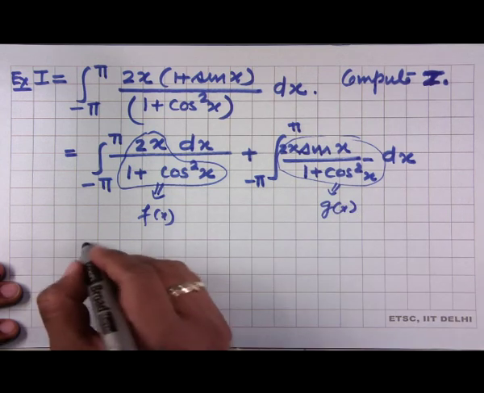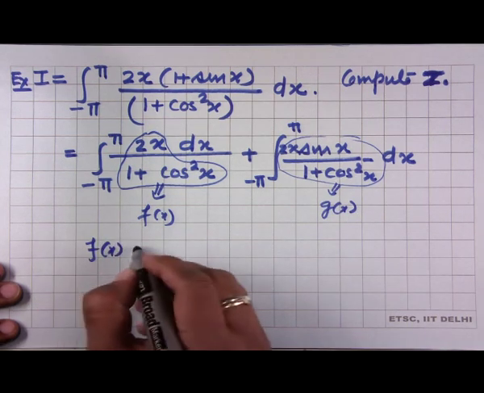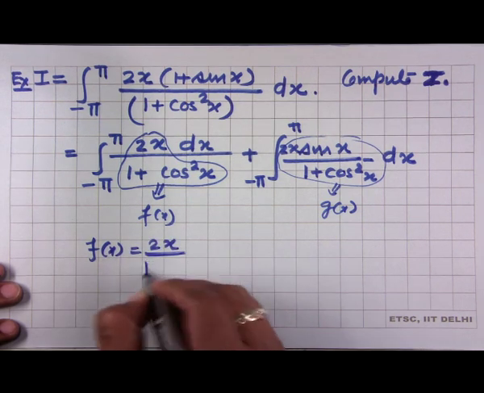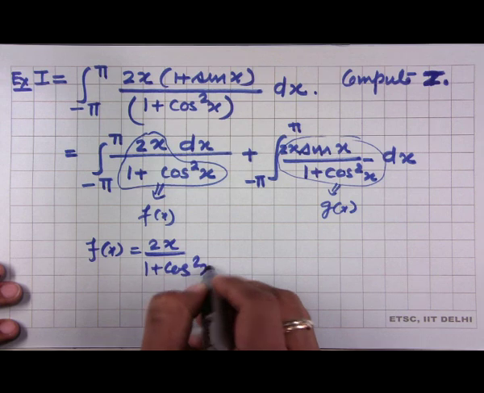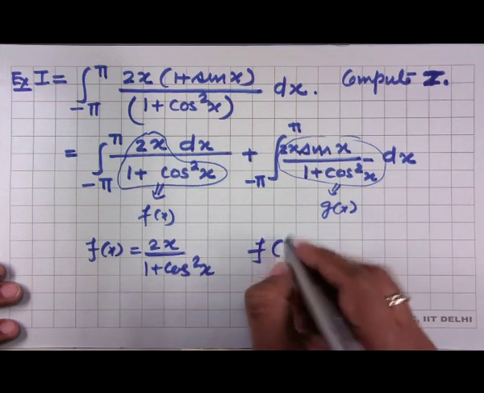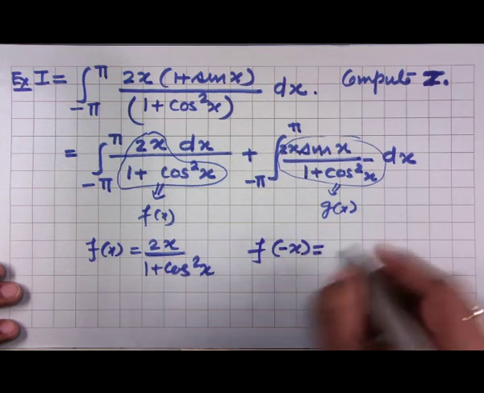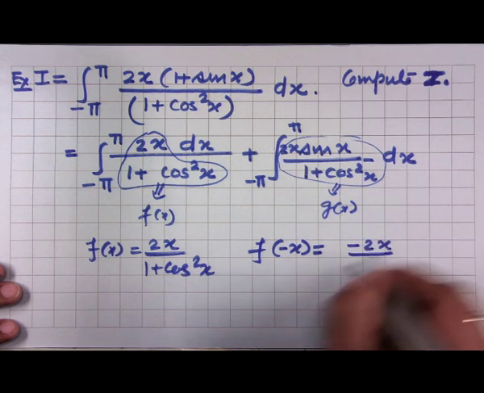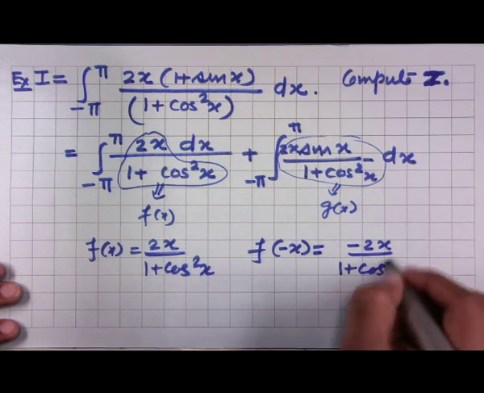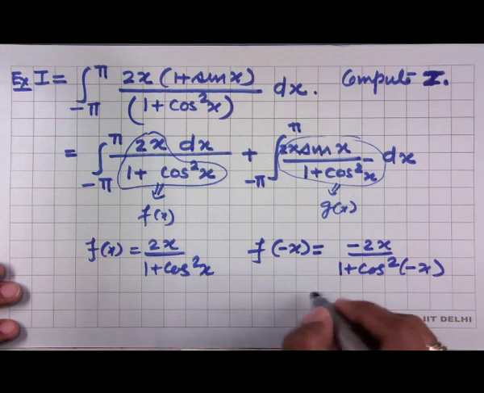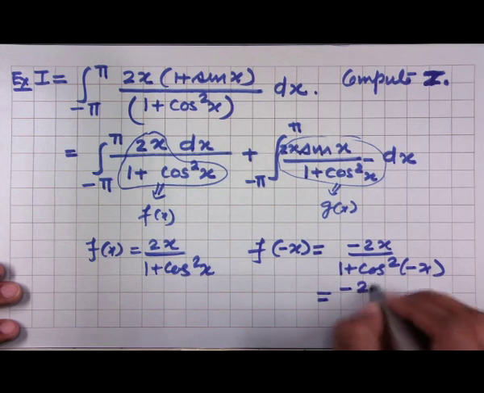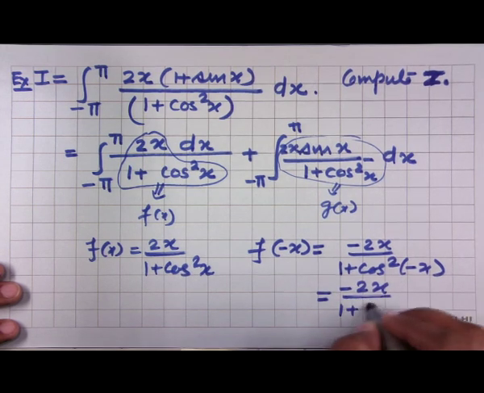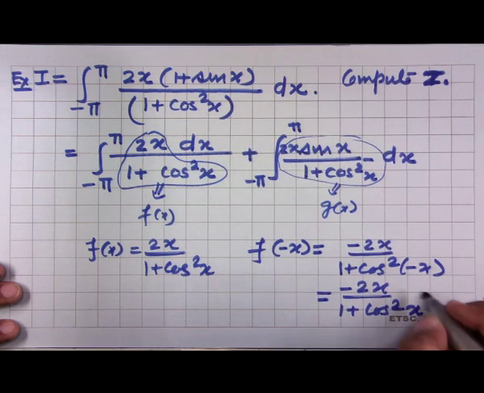So fx, that is 2x by 1 plus cos square x, is an odd function. This is equal to minus of fx.